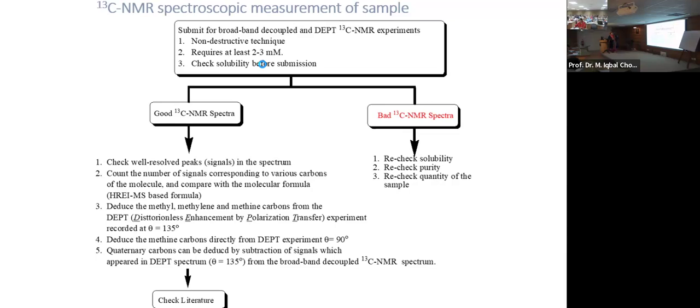When you have a good spectrum, you need to check. There is one important beauty of C13 NMR compared to proton. If you have seen proton NMR, the scale is very small, from 0 to 14 or sometimes 12, or less than that. In C13 NMR, you have a scale from 0 to 220.